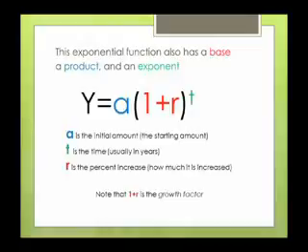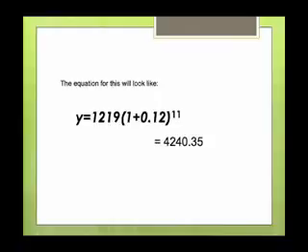And r is going to be the percent increase, or how much has been increased in the monk parakeet population. So 1 plus r is going to be our base, and that's what we call the growth factor in a time exponential function.